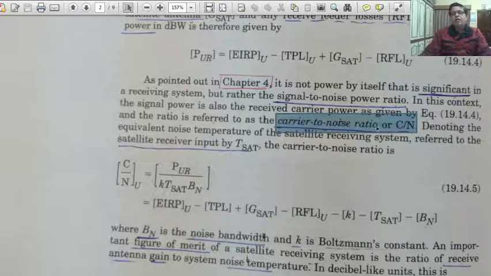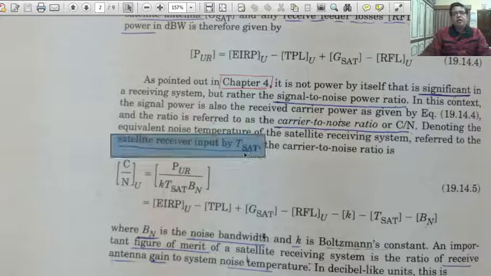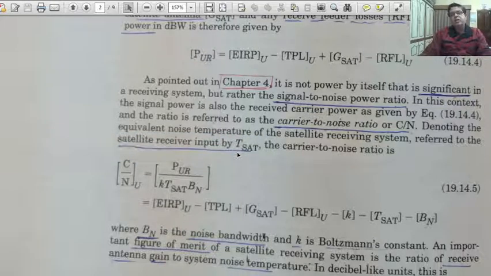Carrier to noise ratio, or C by N, denoting the equivalent noise temperature of the satellite receiving system referred to the satellite receiver input as T SAT.